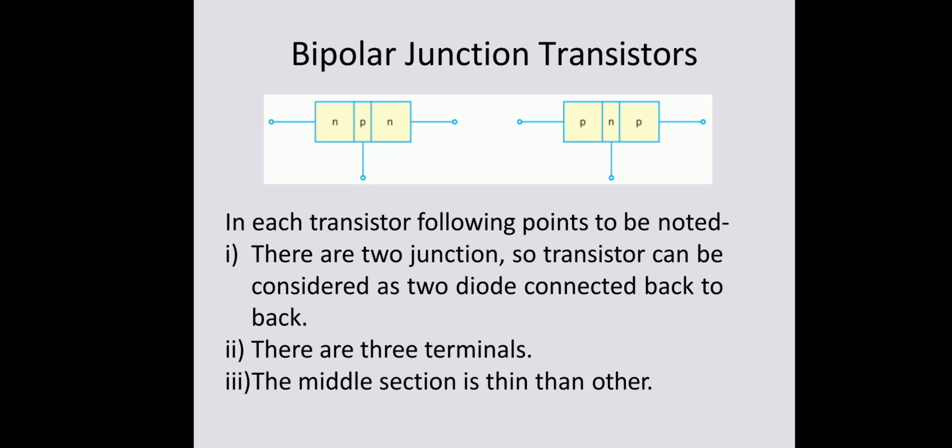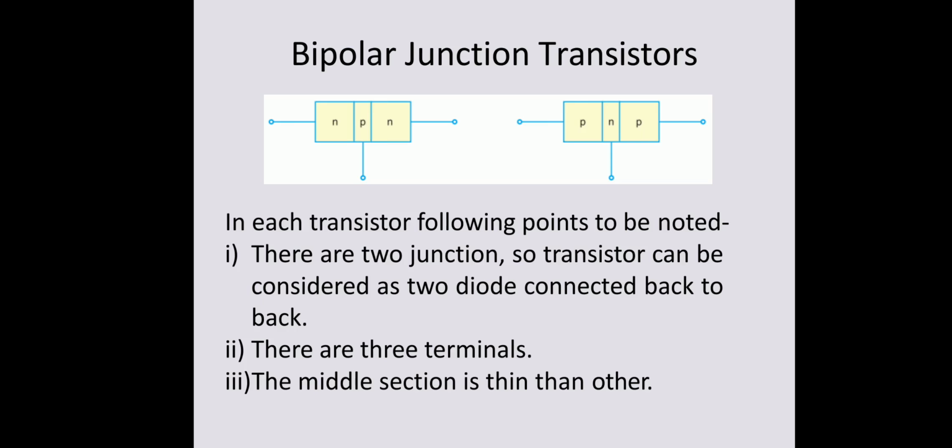So in the figure we can see NPN and PNP transistors. For both we have two junctions: one is the emitter base junction and another one is the collector base junction.